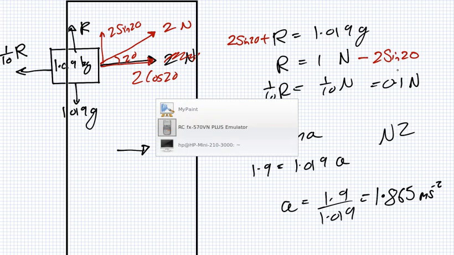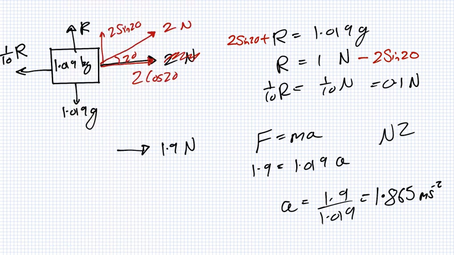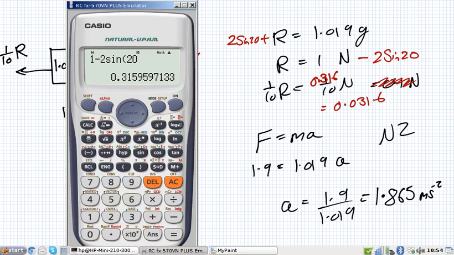Let's see what that is. That is 0.316. And the friction would be 1/10 of R, which is 0.316 divided by 10, so 0.0316.